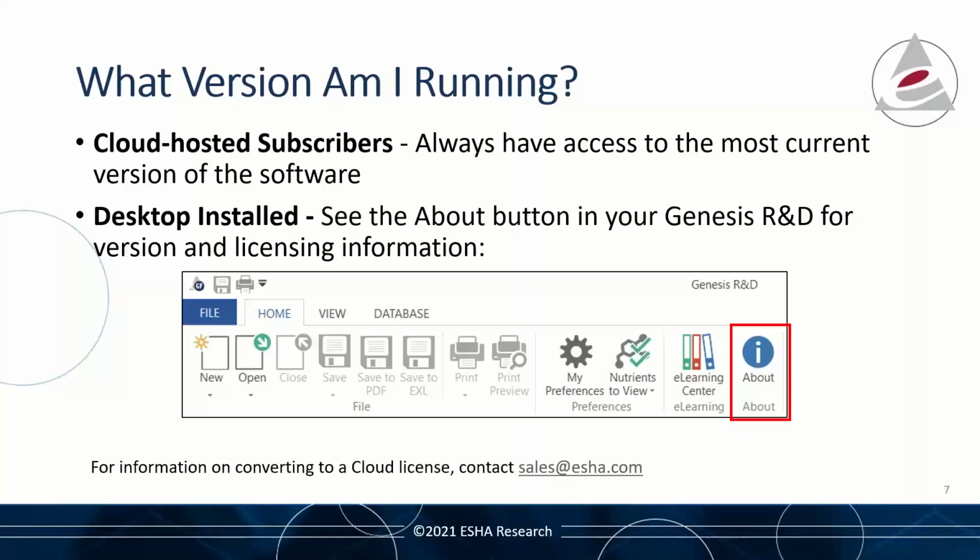You may need to check with your IT staff regarding the availability of the update if it hasn't already been installed for you. In Genesis, if you need to check the version you're running, go to the About button on the main screen in the software, and that will show you the version that you have installed as well as some other license information. And again, if you have any questions about your account or the version that you're running, contact the Escher sales team.